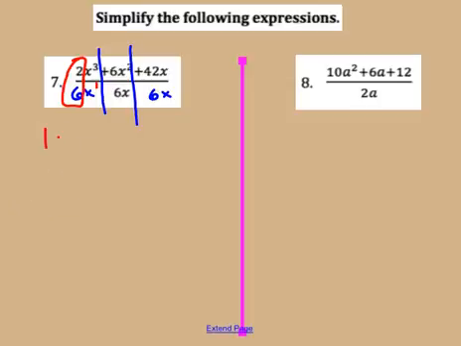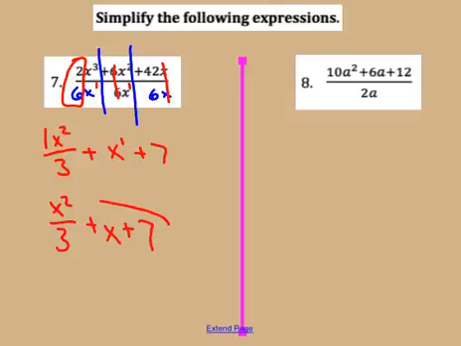So what I would have said is this is 1x squared with a 3 on the bottom. A lot of people are just going to write that x squared over 3. Well, then 6's cancel, so that's 1. 2 minus 1 is just x, so x to the first plus 7. So I would think this is probably how 95% of people you are going to work with are going to write that problem as a simplified answer. X squared divided by 3 plus x plus 7.